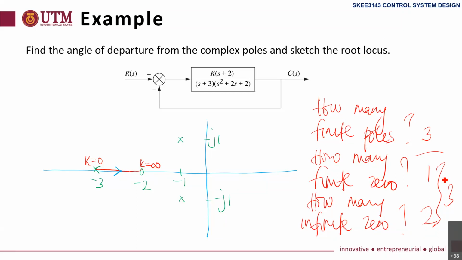We also have infinite poles, but in many cases, poles are more than zeros. That's why usually in many cases there is no infinite pole, only infinite zero. Any question here?